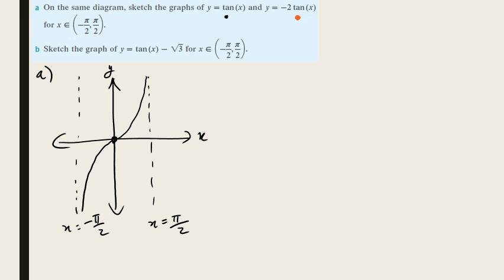Alright, so now the orange one. Notice that we now have a reflection and a dilation, so it's going to rise a lot quicker, and it has a reflection, so it's going to go the other way.